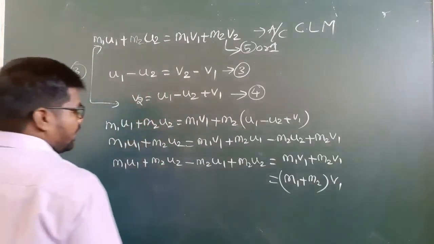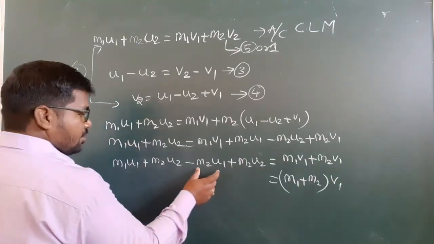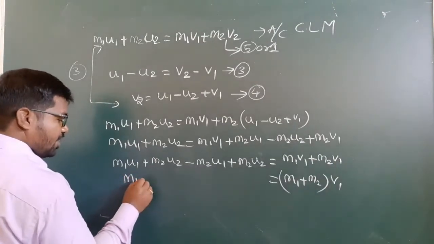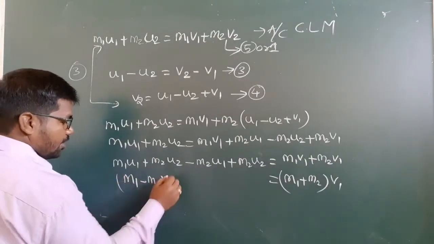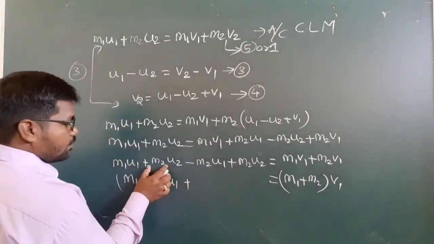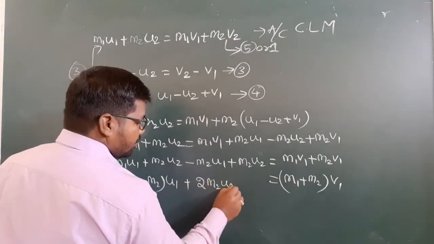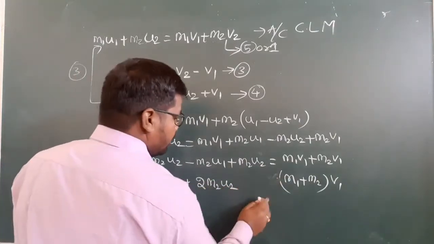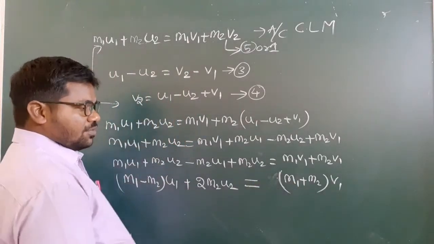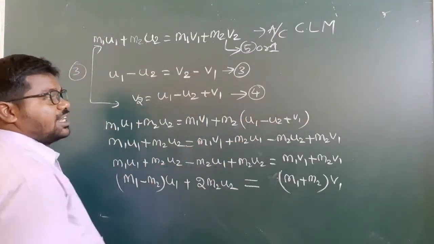Rearrange this, my children. m1 u1 minus m2 u1, here u1 is common: (m1 minus m2) u1. Next, plus m2 u2 plus m2 u2, that is 2 m2 u2, is equal to (m1 plus m2) into v1. We have to find v1, so this term we send to the left side.